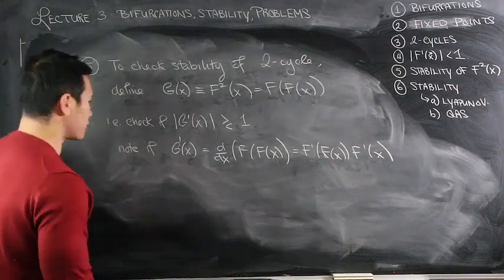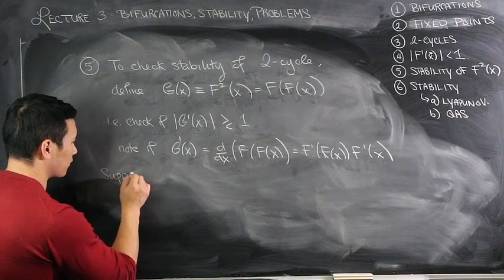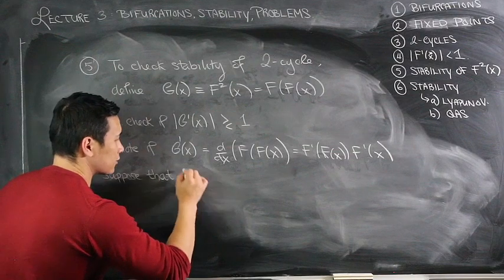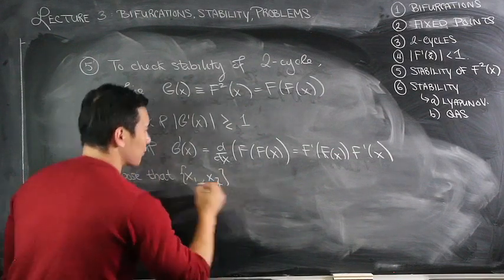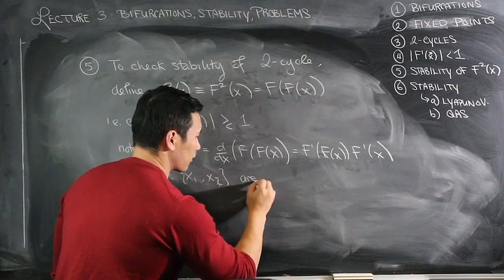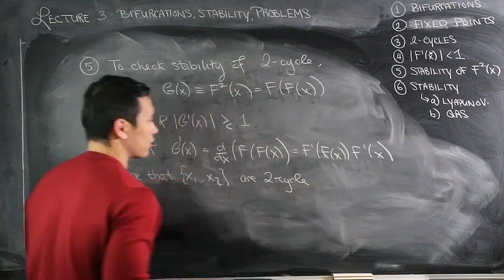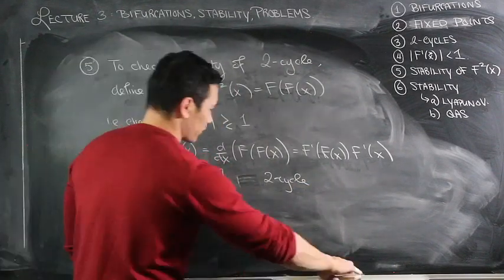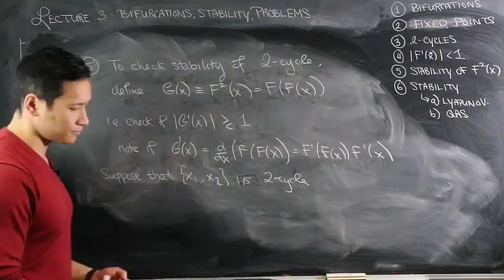So let's suppose that x1 and x2 are a 2 cycle. The 2 points are part of a 2 cycle, or the set is a 2 cycle.